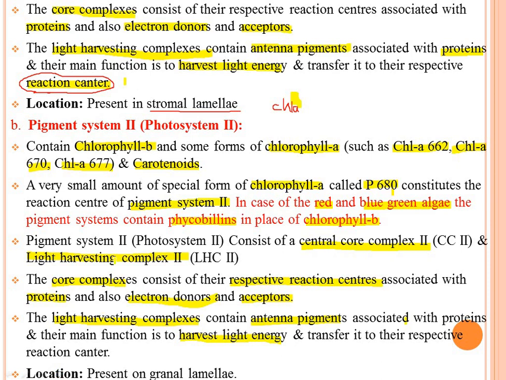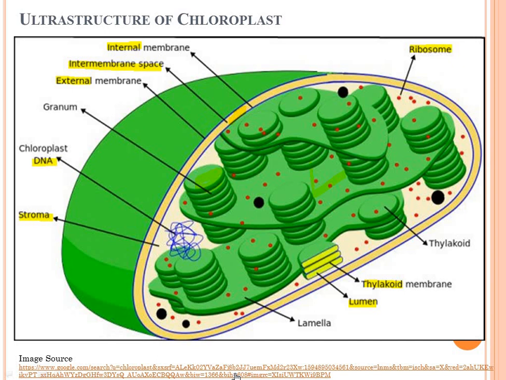These are the two complexes, core complex and light harvesting complex. Then location: photosystem 2 is present in the granal lamellae. I show you the granal lamellae. Granal lamellae generally means the two thylakoid membranes attached together, the membrane of the grana.